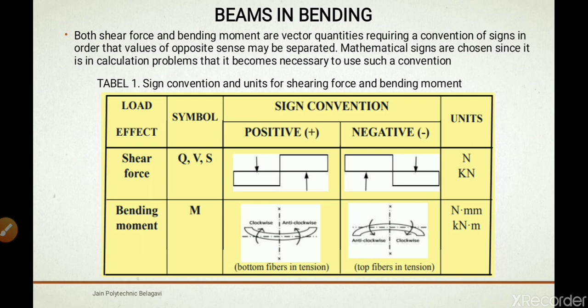These are not fixed sign conventions. You can go for your own choice or reverse exactly what is mentioned in the table here. So it is not compulsory that you have to go for the same sign conventions.